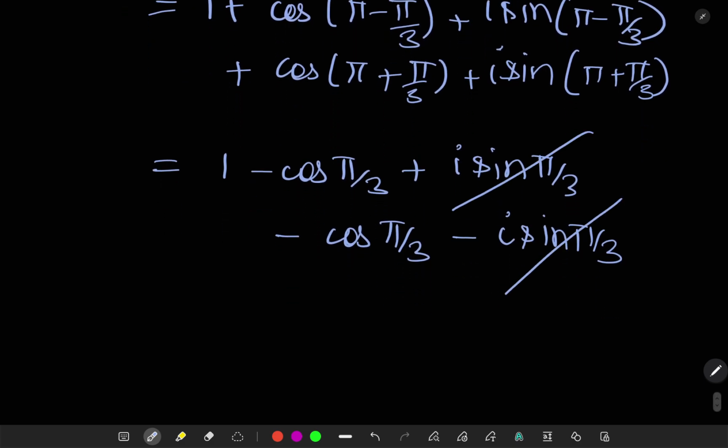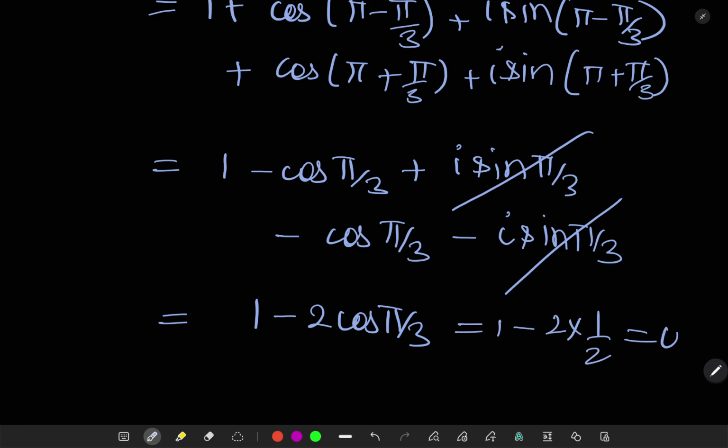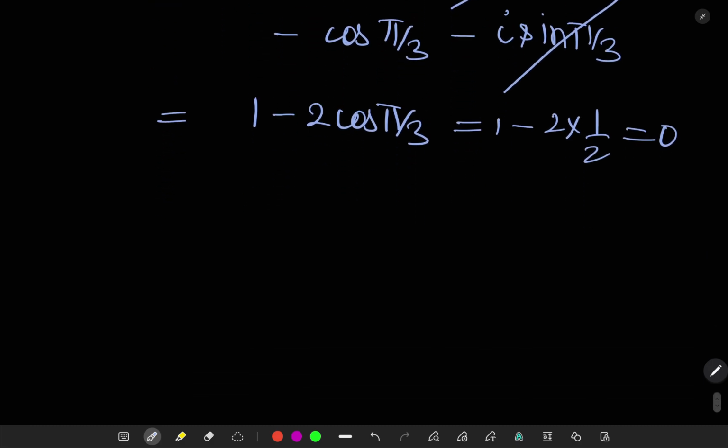So this term is cancelled out by this term, so we can write here 1 minus 2 cos pi by 3. Here cos pi by 3 is 1 by 2, so this equals to 0. Hence 1 plus omega plus omega square equals to 0.